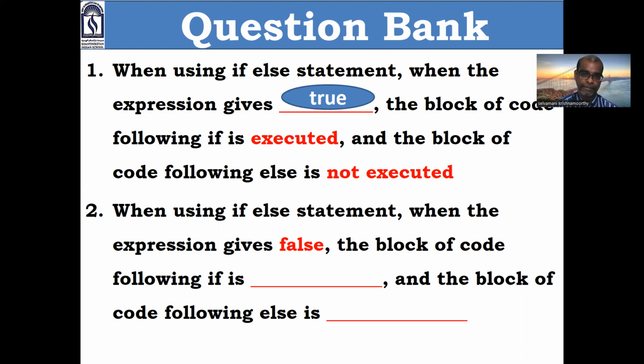Two dashes are there, you need to fill them in: execute or not execute. See, your expression gives false. That means the statement following if will not execute, that means not execute. The block of code following else is executed. Good.